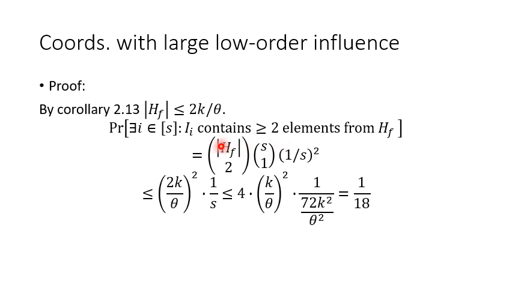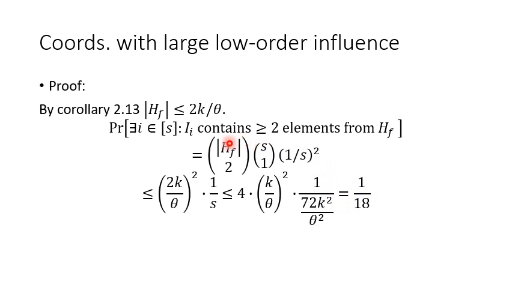And now because the size of HF is at most 2k over theta, we can upper bound this binomial coefficient trivially with this expression. S over S is just S, so this and this cancel out, and we've got 1 over S. And let's take the 2 out, we have 4, let's put in S the value we have set in the proposition, so we've got this, and this is just equal to 1 over 13.